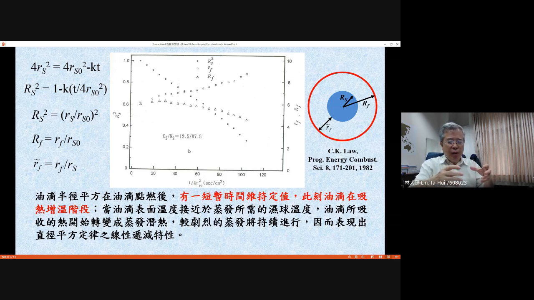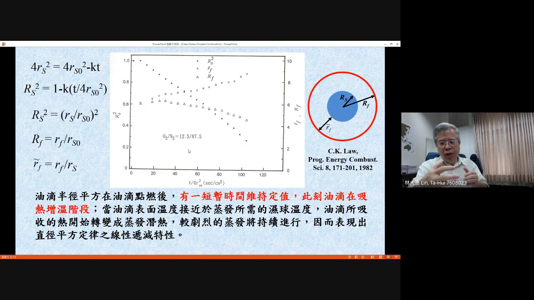Initially, when a droplet starts to evaporate, the droplet size should be continuously reduced, right? It shrinks because the liquid is coming out from the liquid surface. But in this initial period, the droplet size slightly decreases, yet the flame distance increases. What's going on?